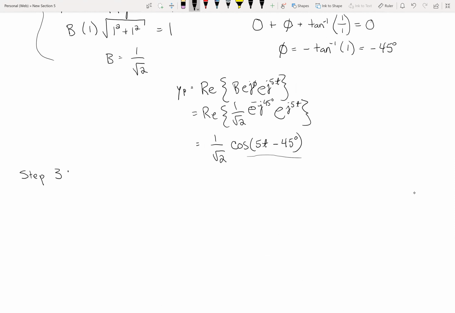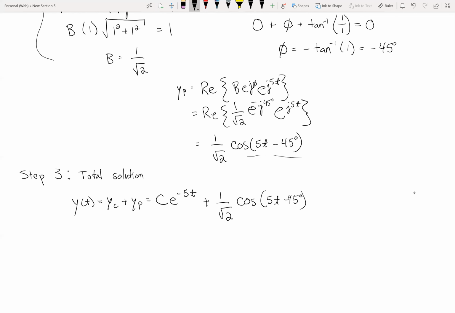Step 3, we do our total solution, which is y of t equal to y sub c plus y sub p. So that is c e to the negative 5t, that was our transient, plus our particular solution, 1 over square root of 2 cosine of 5t minus 45 degrees.